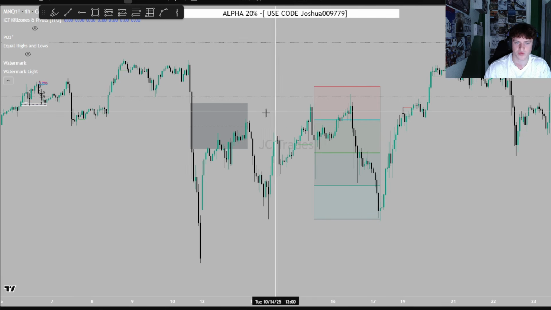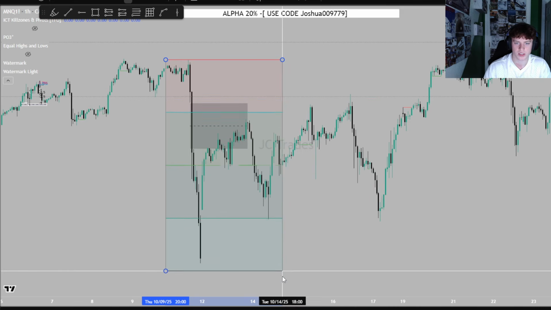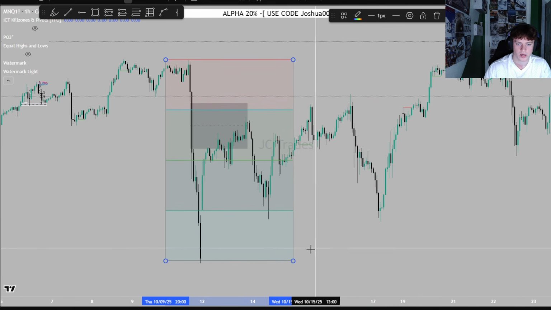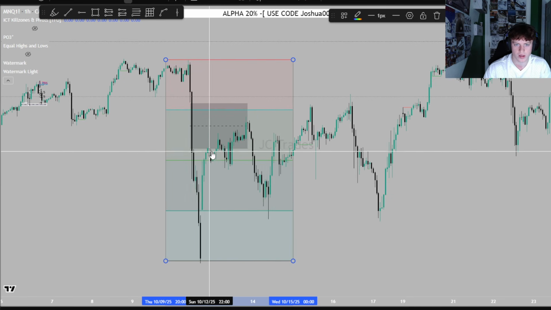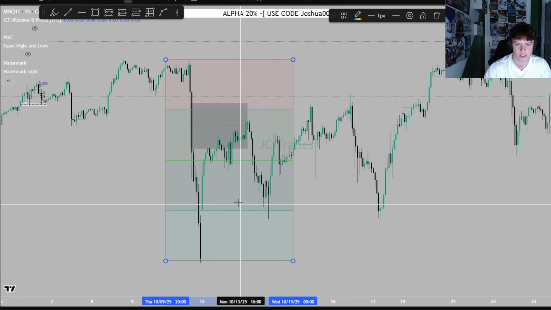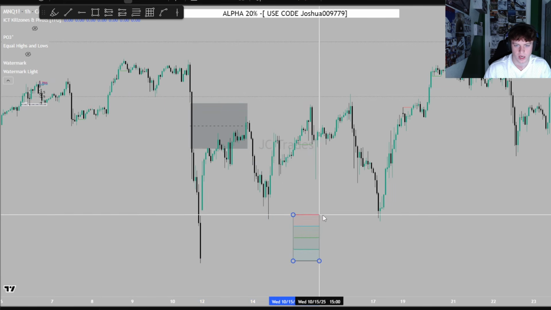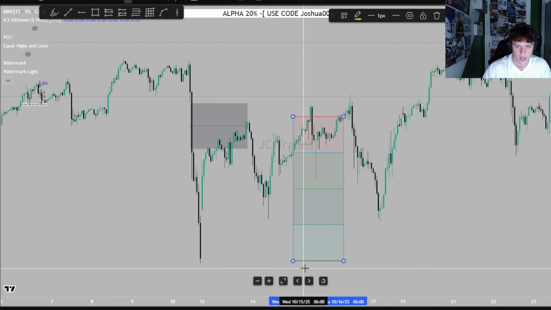Price does tend to react a lot off of the different quadrants if you draw them out. As you can see right here, it will react off of not only halfway, but 25%, 75%. As you can see, it reacted right there. And you can measure out kind of any range and just see where it lines up.